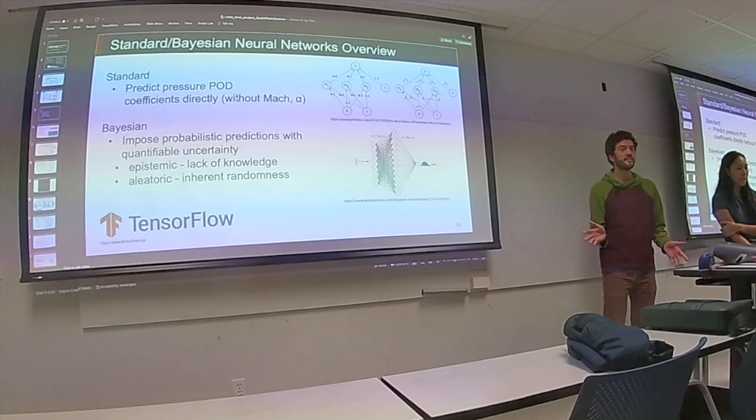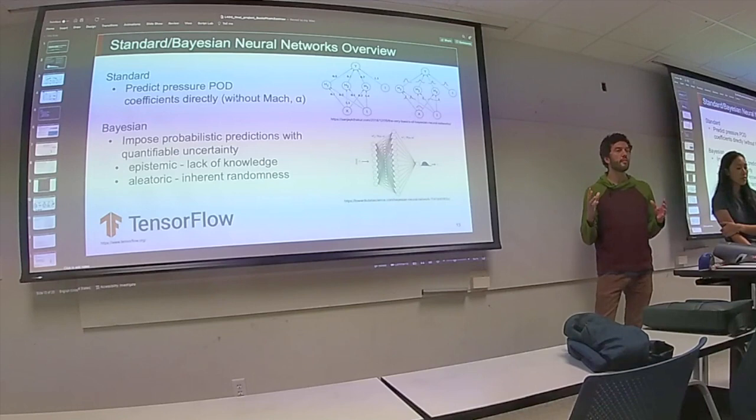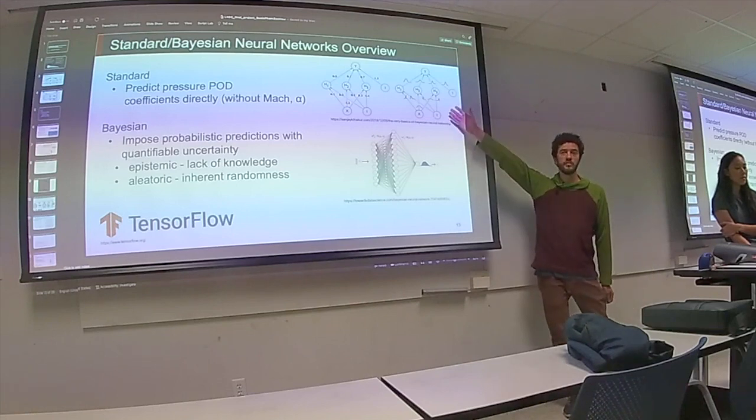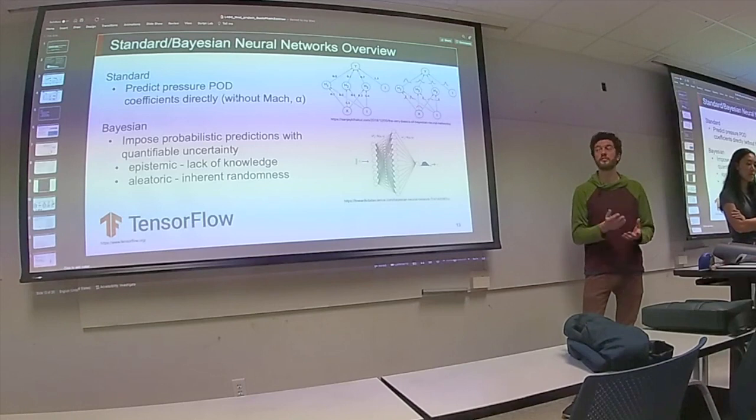Slightly differently for the Bayesian neural network, we want to impose probabilistic predictions with some sort of quantification of the uncertainty involved. There are a couple of different implementations that people use to do this. One way is that you assign a distribution to each of the weights in your neural network rather than just a scalar value. This accounts for that uncertainty within the structure of the neural network itself.